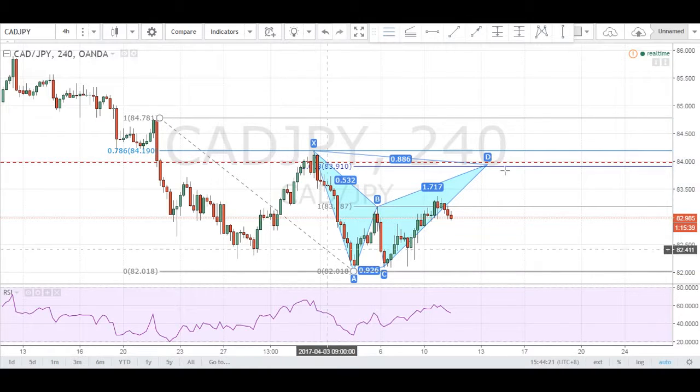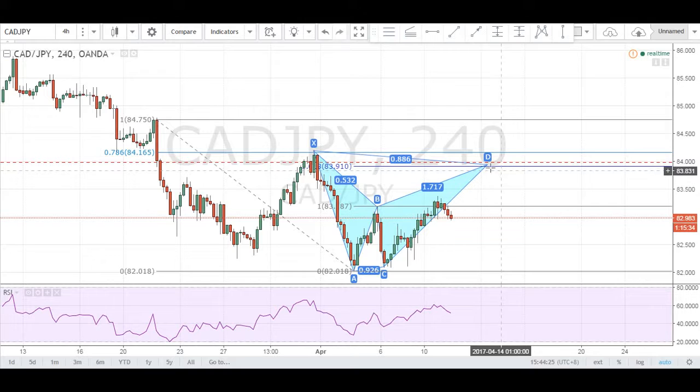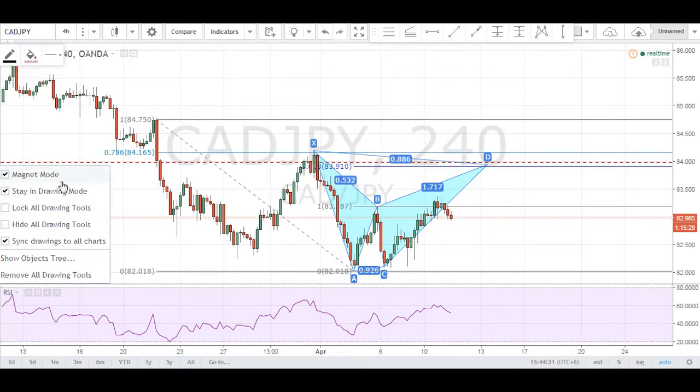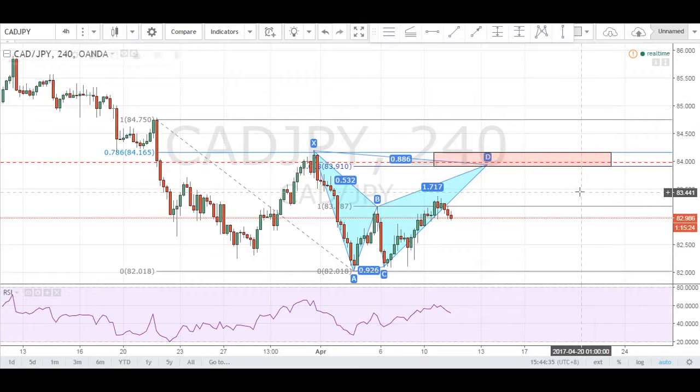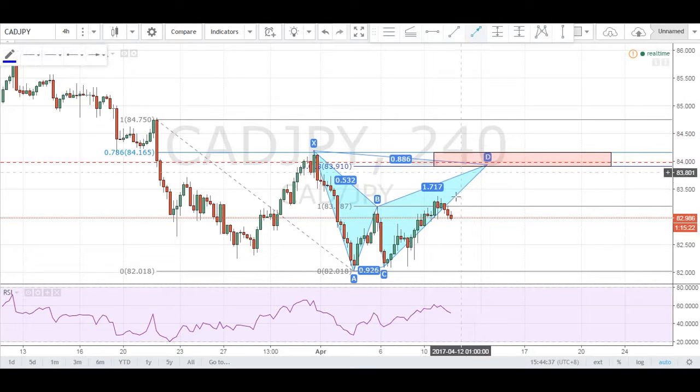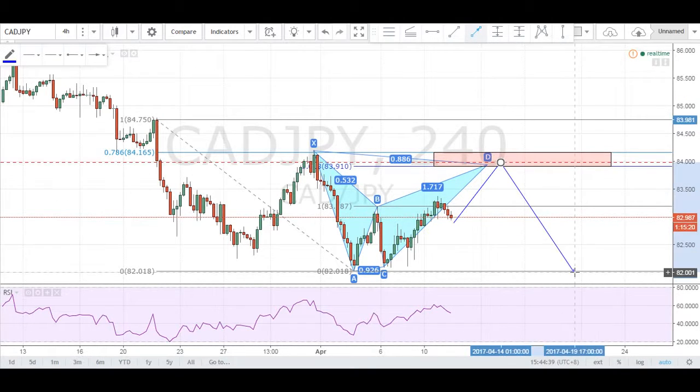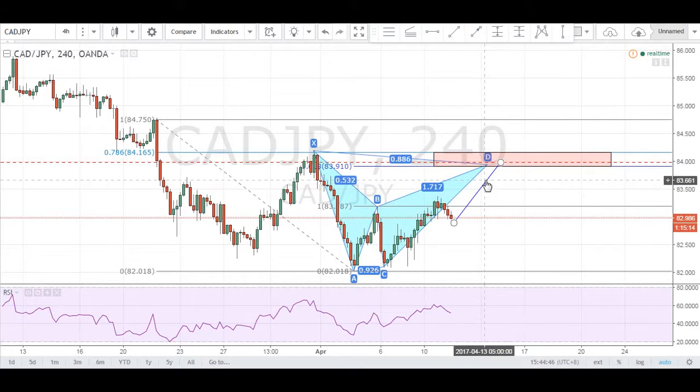Our 786 completion of our cipher pattern completes right above the completion of the bat pattern which I explained. So this would give us a potential zone for entry right here, which means that if price were to come up into this zone, I would be looking to get short because we have two patterns setting up and we also have very nice structure, which is always the most important.